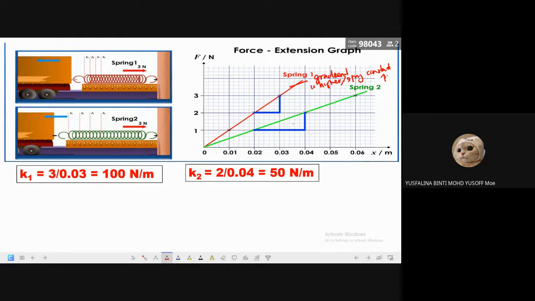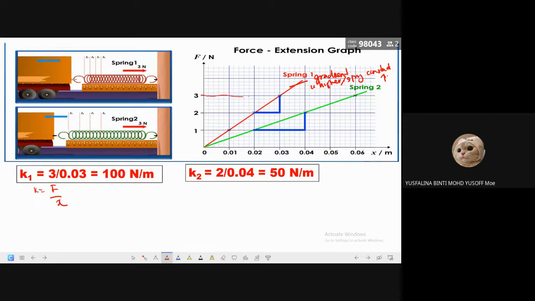But let's say in the question you can calculate, so you can use the formula to find the spring constant. K is F over x. They apply the same force, 3 Newton.